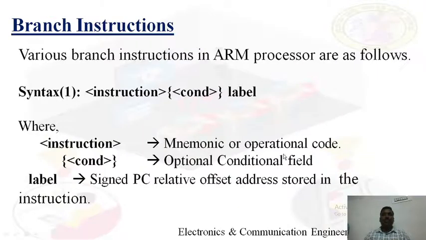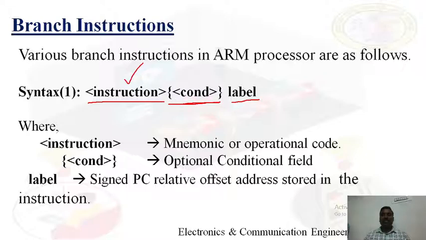Now look into the syntax of ARM branch instructions. Here in the syntax you can see the instruction field, then the conditional field, then the label where to jump. The instruction represents the actual operation, which here is the branch instruction.